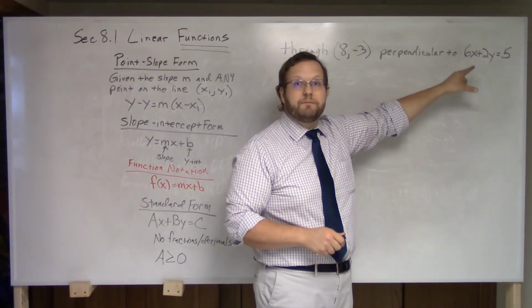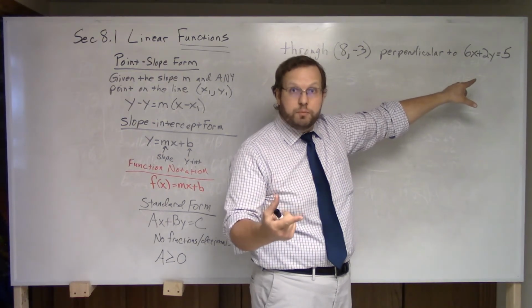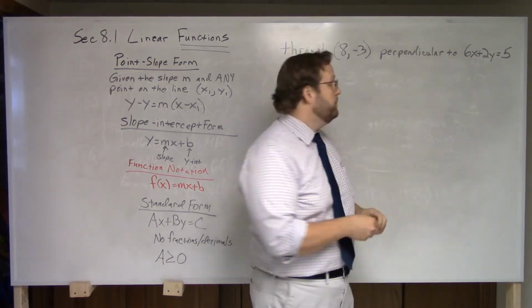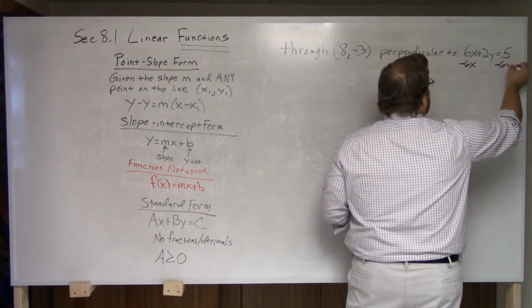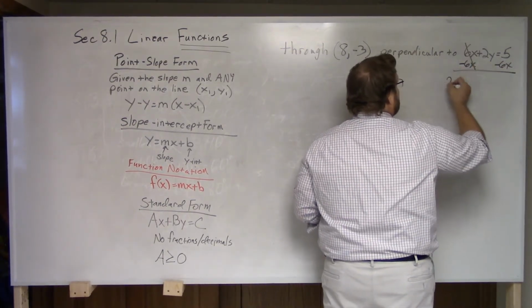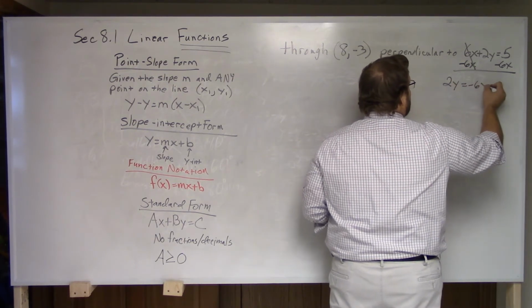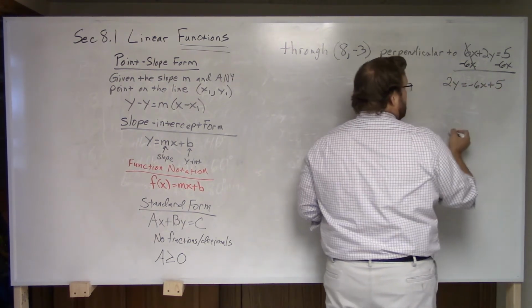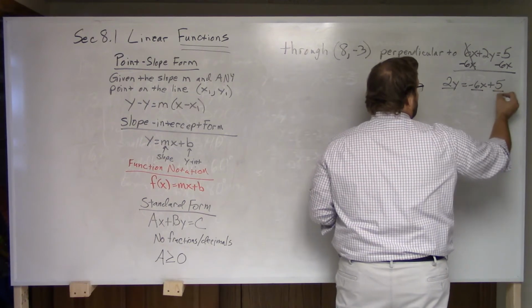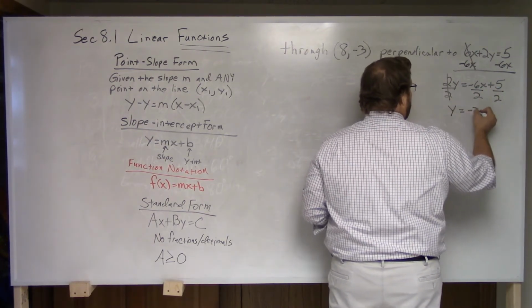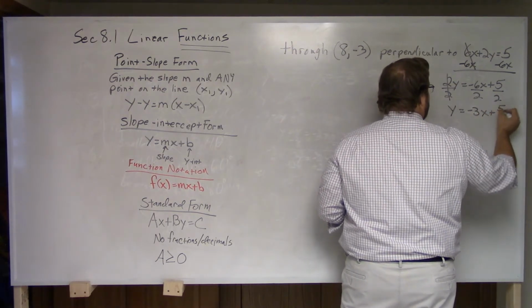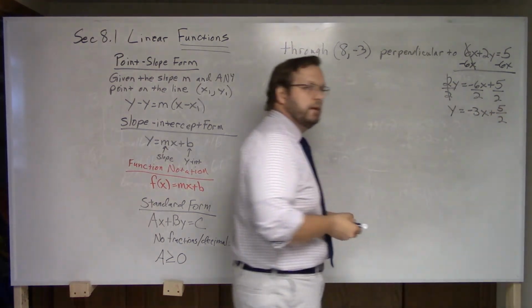That means get the variable y alone, get it in slope-intercept form, and read the slope. So, I am going to subtract 6x, and then divide by 2. And we have that.